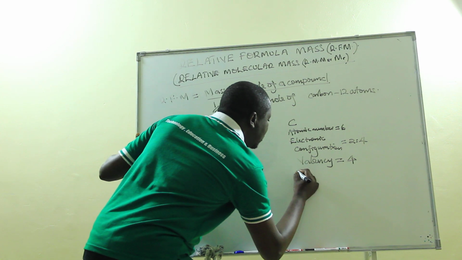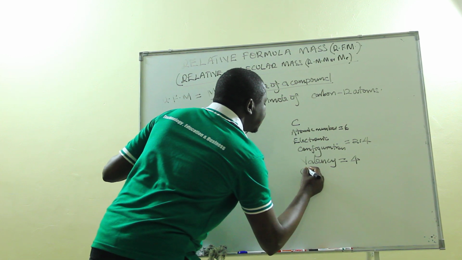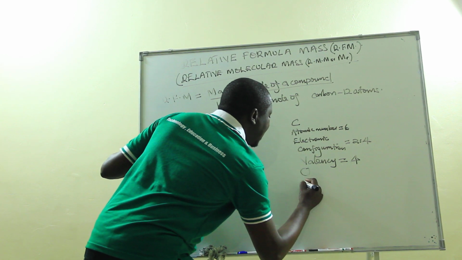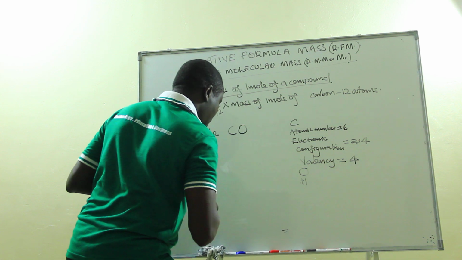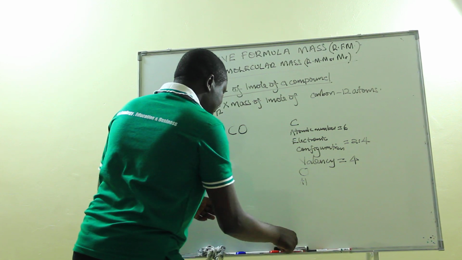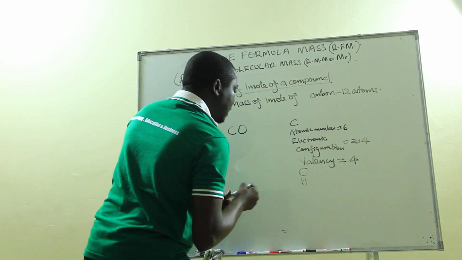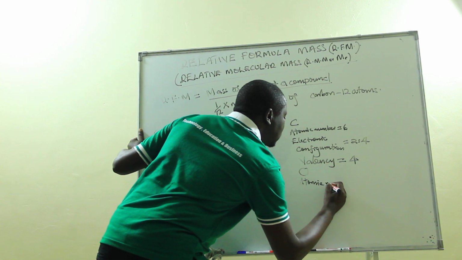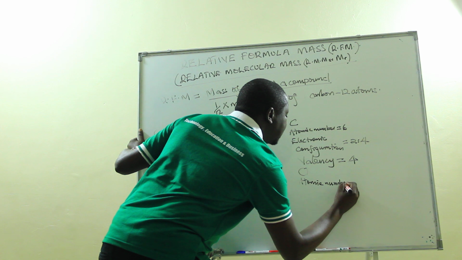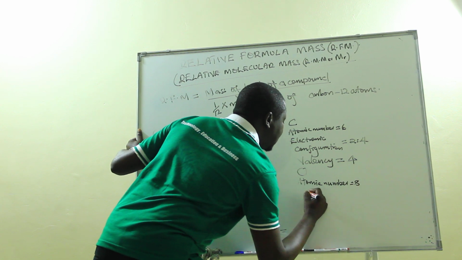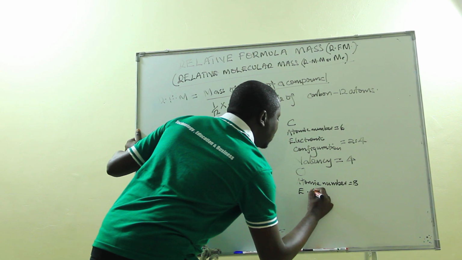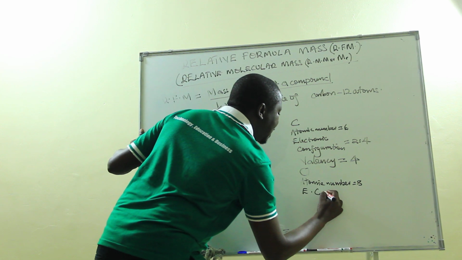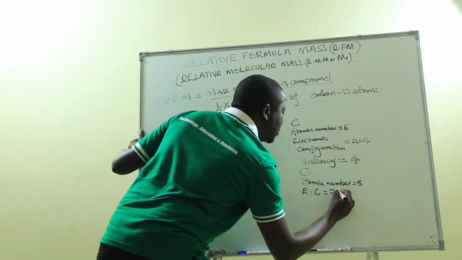Now let us look at oxygen. The atomic number of oxygen is 8. The electronic configuration, let me use EC, is 2, 6.